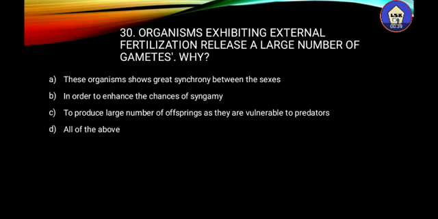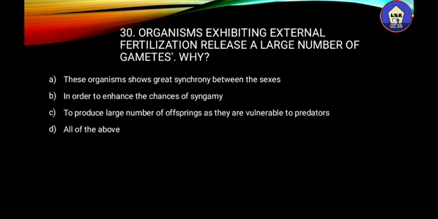Option B, in order to enhance the chances of syngamy, that means to increase the chances of fertilization, they release a maximum number of gametes. And option C, to produce a large number of offspring as they are vulnerable to predators.